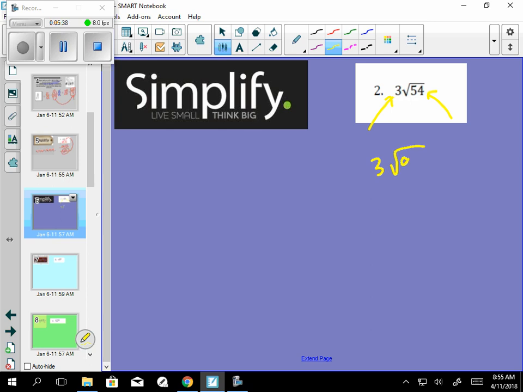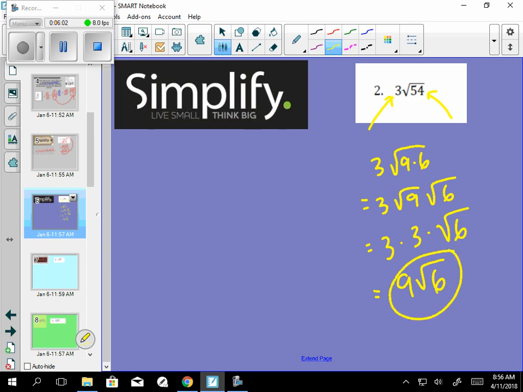So if we think of it as 9 times 6, and now split these up into separate radicals, we can simplify the perfect square one. Square root of 9 becomes 3. Square root of 6 doesn't really simplify into anything nice, so we'll leave it as square root of 6. And now multiplying these two 3's we have together, we get 9 square roots of 6. That's a more simplified version than what we started with because we pulled more stuff out of the radical.